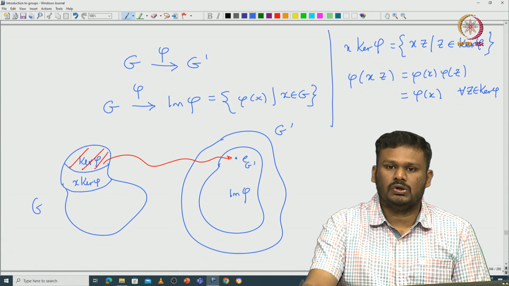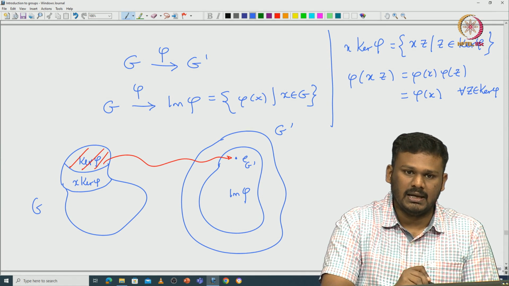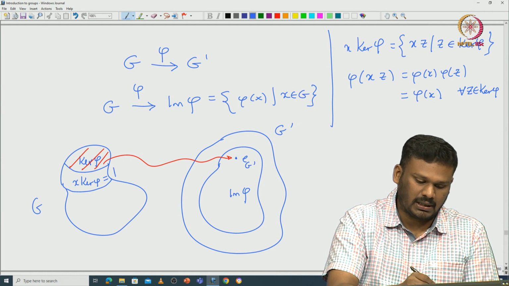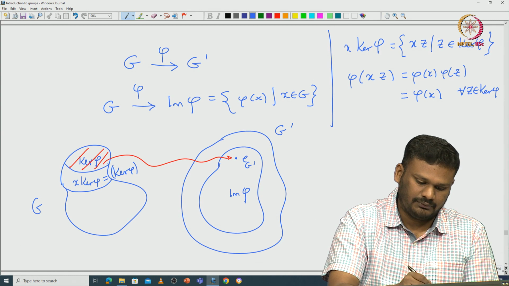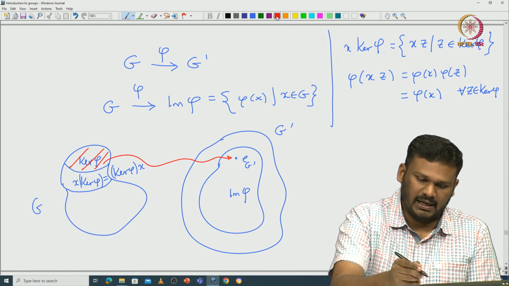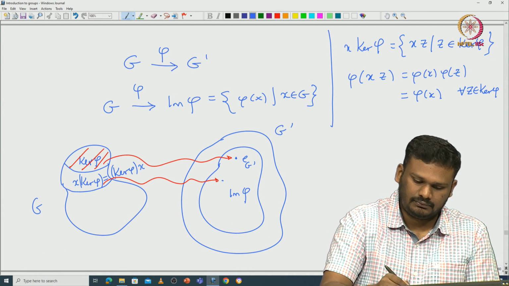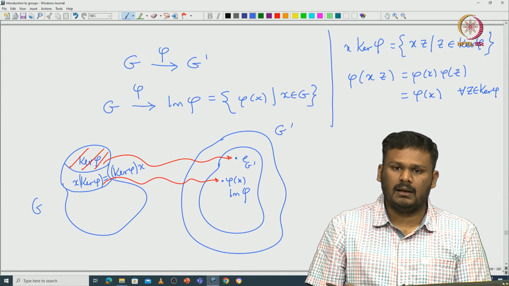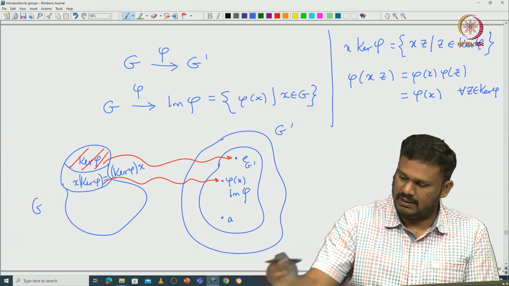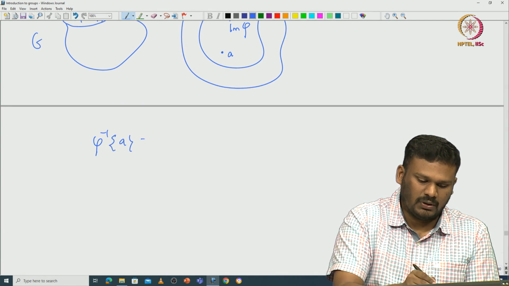So if you look at the image of this particular coset X kernel phi, because kernel phi is a normal subgroup, this is also the same as the right coset kernel phi X. This coset is mapped exactly to phi of X. And similarly, if you start with some element A in the image, we want to look at what happens to phi inverse of A. So what is phi inverse of A?